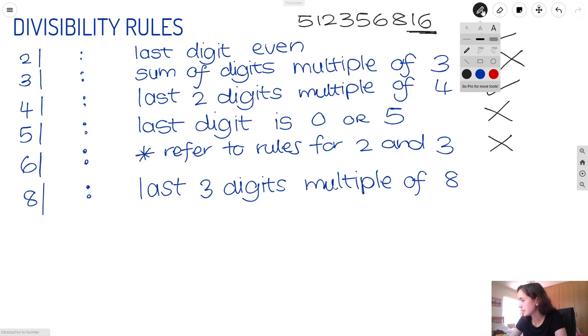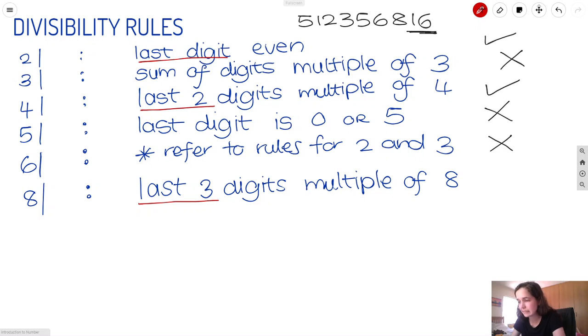What you'll notice is for 2 we had the last digit, for 4 we had the last 2 digits, and now for 8 we have the last 3 digits. So you can maybe guess that for 16, the next power of 2, we would have to look at the last 4 digits to determine whether it would be divisible by 16 or not. By the way, this number's last three digits, 816, are divisible by 8, so this would hold.